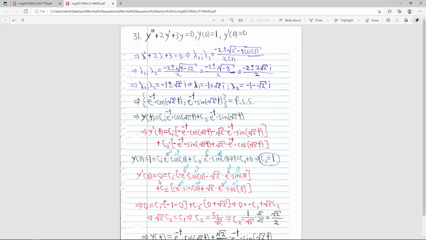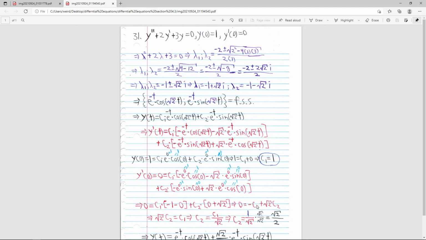y'(0) = 0 is equal to all this stuff we plug in. We get a lot of 1s and 0s from it. So we get 0 = c1 times (-1 - 0) plus c2 times (0 + √2).